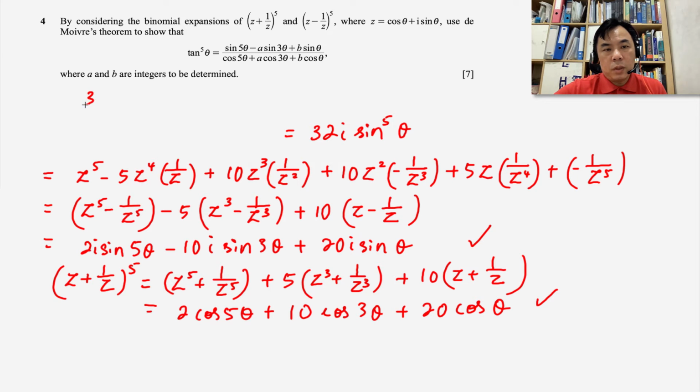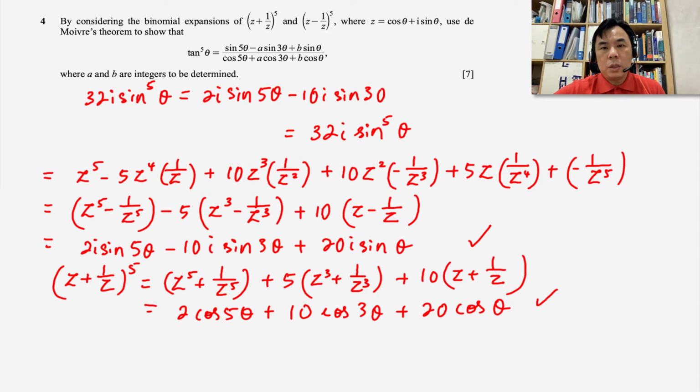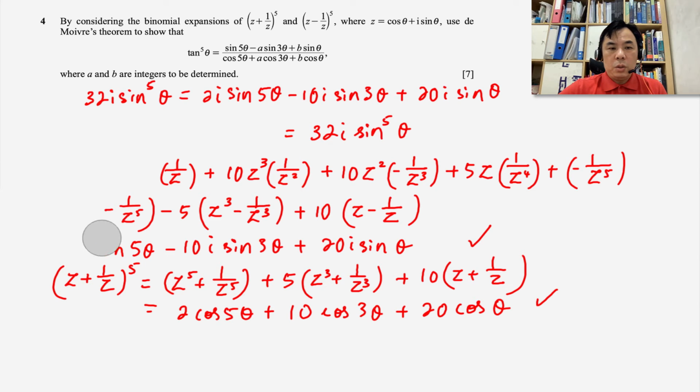So we have 32i sine^5 theta is or can be represented as 2i sine 5 theta minus of 10i sine 3 theta plus 20i sine theta. Now that is the result that I need to use.